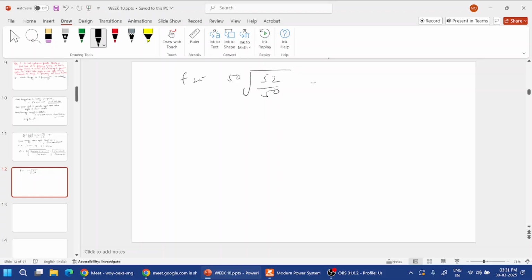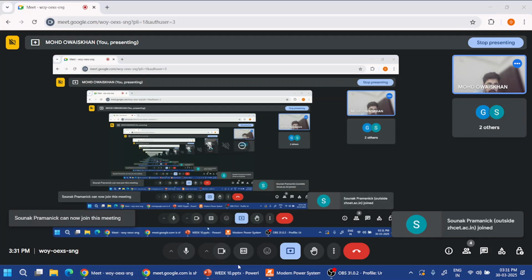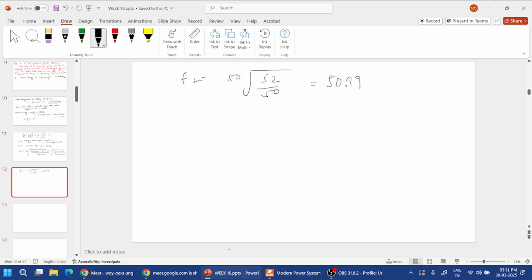So it comes out to be around 50.99, which we can say is 51 Hertz. So after the load is reduced, the frequency will become 51 Hertz. This is the answer to this question.